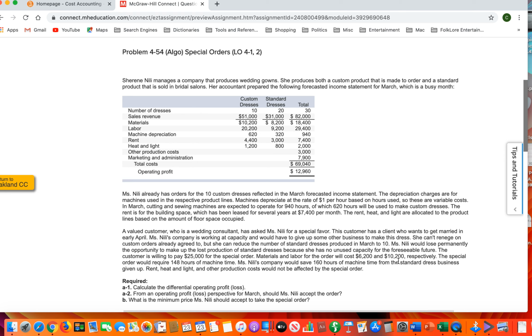So the variable costs associated with those dresses would be $4,100 plus $4,600 plus $160. So that's $8,860 that will not be incurred.